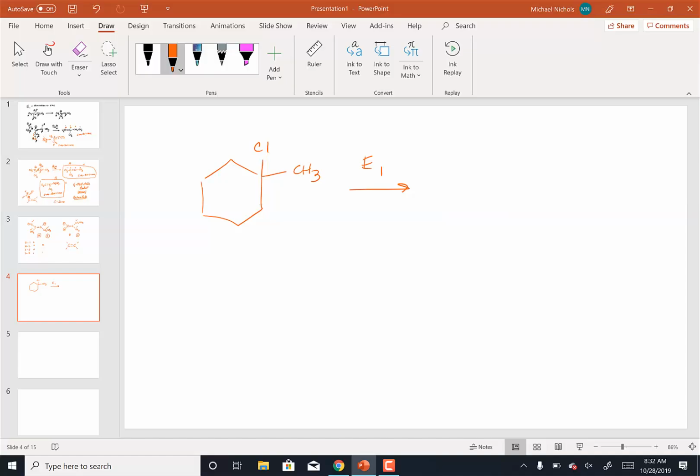So I could lose this hydrogen, this hydrogen, or that hydrogen, which basically means that I can form a double bond here to the top one, a double bond here to the bottom one, and a double bond outside of the ring. So those would be my 3 possible products: A and B and C.